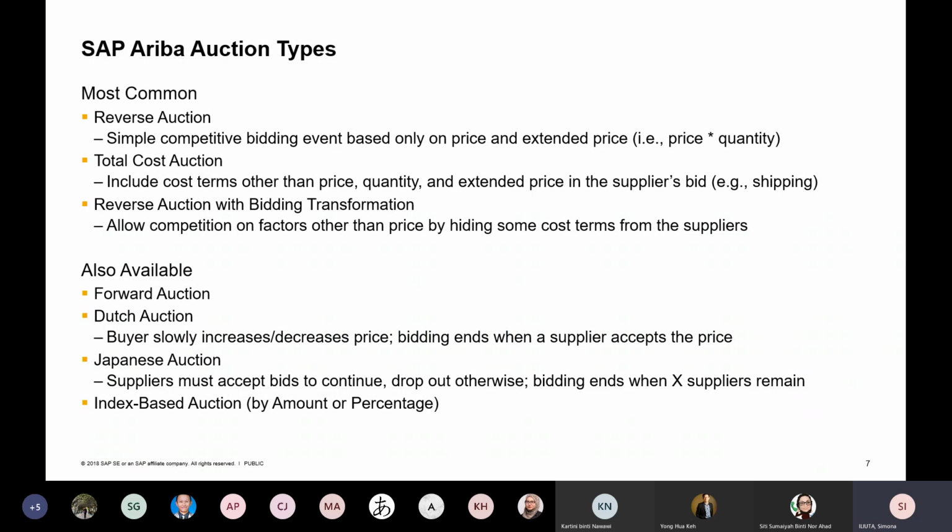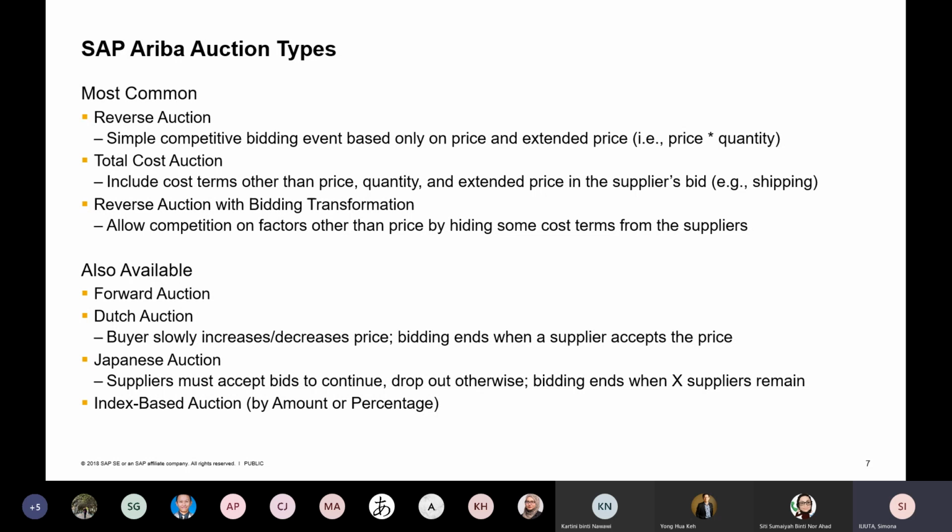The last type of auction, which is indeed not very much used but is used from time to time, is the index-based auction. In an index-based auction, we will see you can run it either by amount or by percentage. This is for commodities and categories where you negotiate an index with your suppliers.